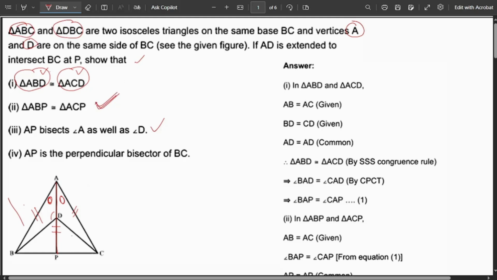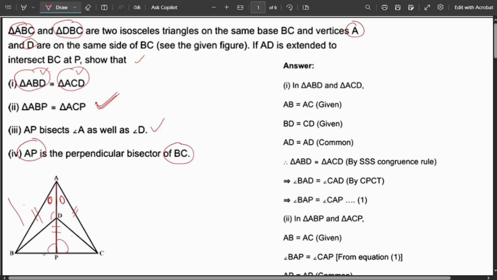Now we have to prove that AP is the perpendicular bisector of BC. Since these two triangles APB and APC are congruent, these two angles are also the same by CPCT.